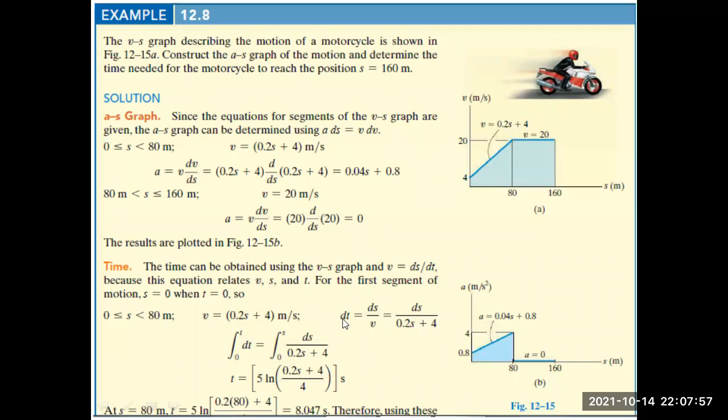To determine the time, I could do it for this equation only. Once I plug in 0, I get the time, which is 8.04. So is this the time needed for the car to travel the distance from here to here? Is this the time, 8.047?